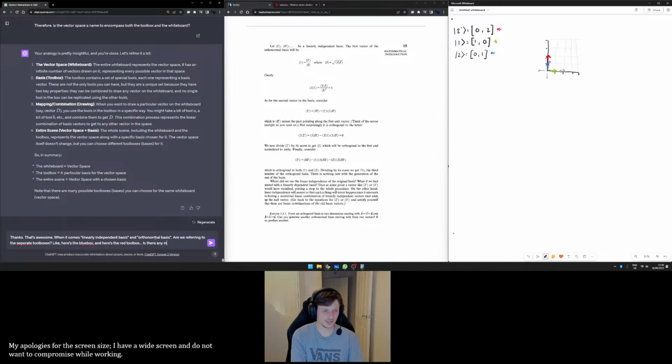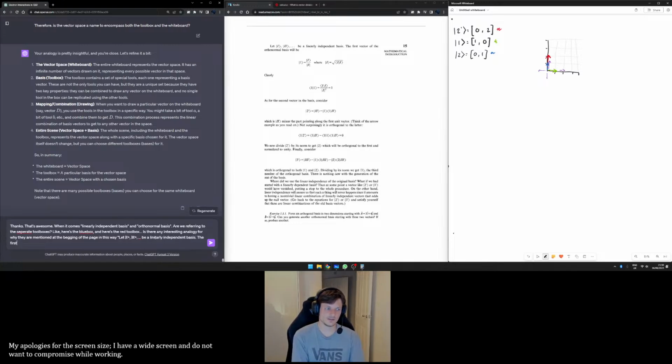Is there any interesting analogy for why they are mentioned at the beginning of the page in this way? Let I be a linearly independent basis.